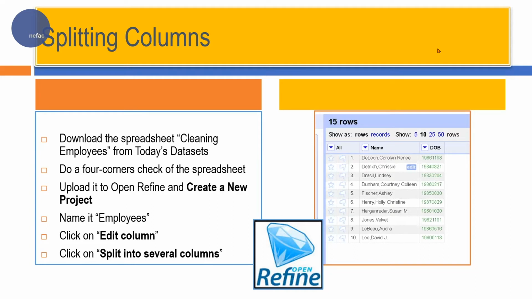So to do that, you click on the blue diamond to the extreme upper left, and that will give you a fresh page. So click on that blue diamond, and now you can browse your files to find that employee data set. I think it's only 10 or 15 records.